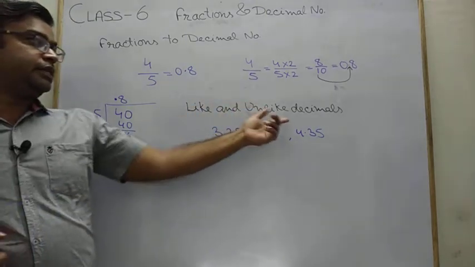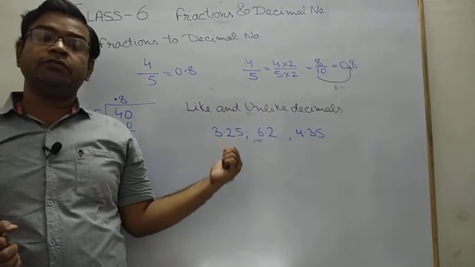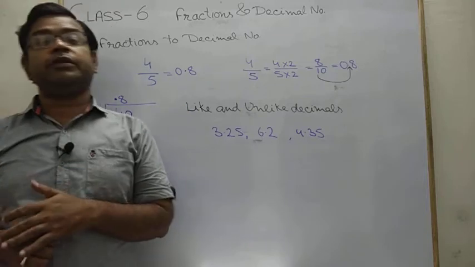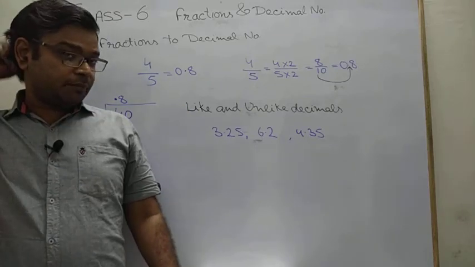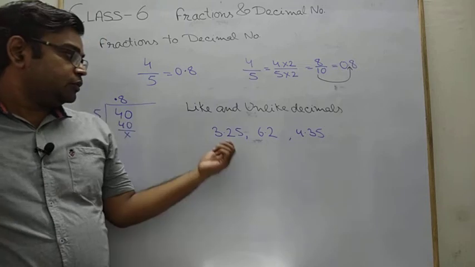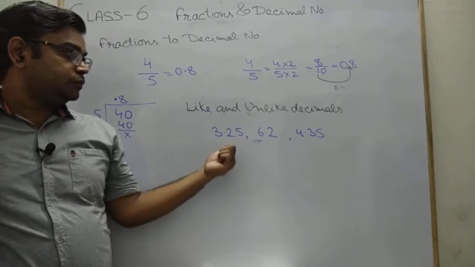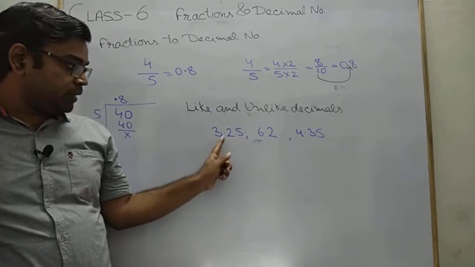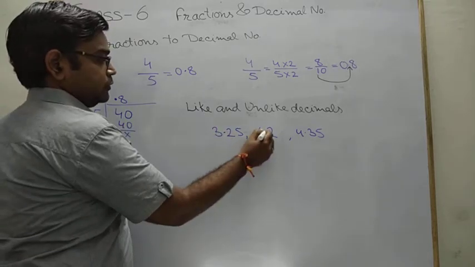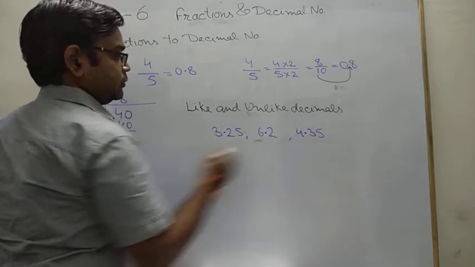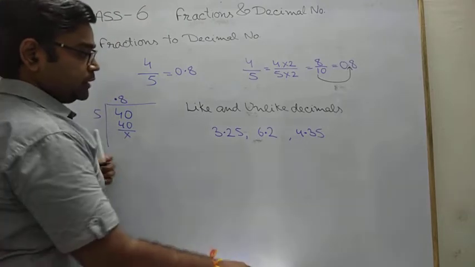The concept says that we count the places after the decimal. Count the decimal places in a number. In this case, after the decimal, how many digits do we have?